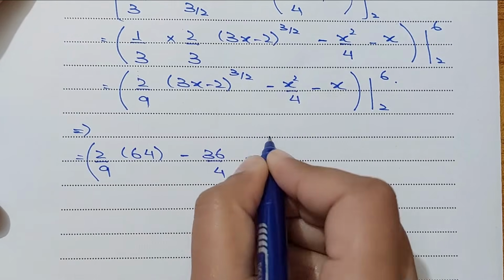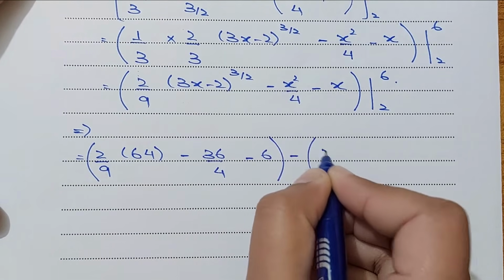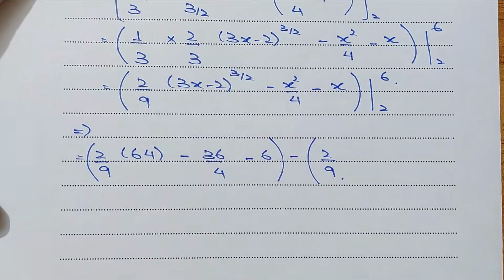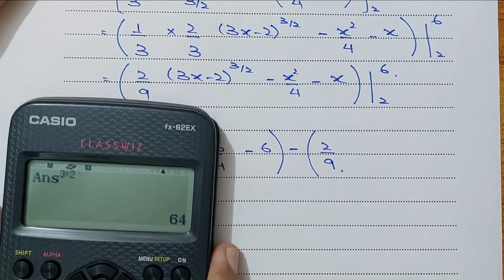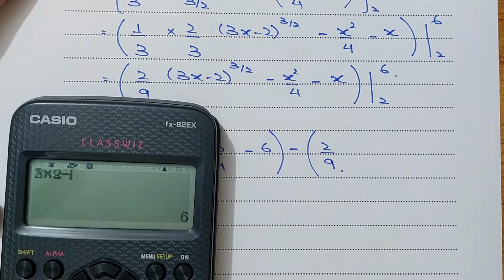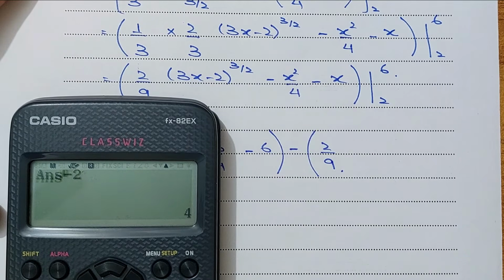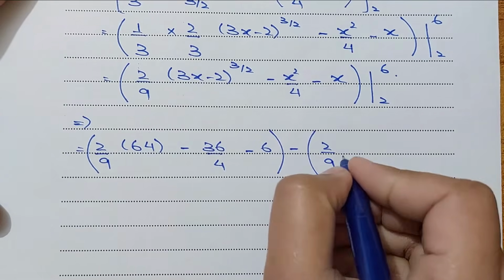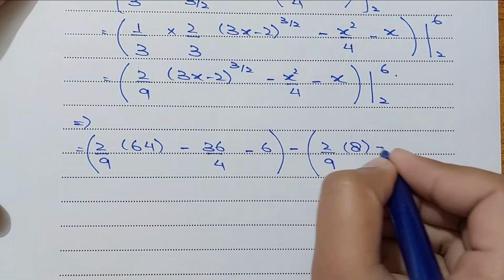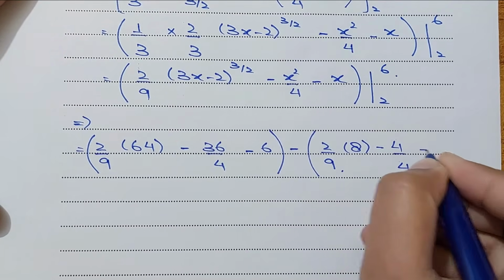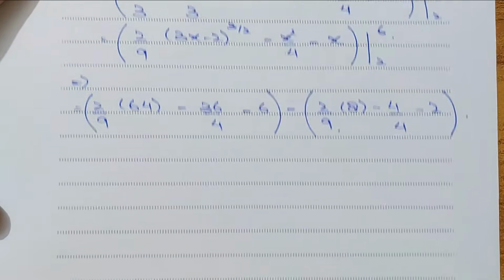This is my upper limit. Subtract the lower limit. 2 by 9, it's 2, so 3 times 2 minus 2 is 4, and its power 3 by 2 is 8. Times 8 minus 2 square is 4 by 4 minus 2, right?